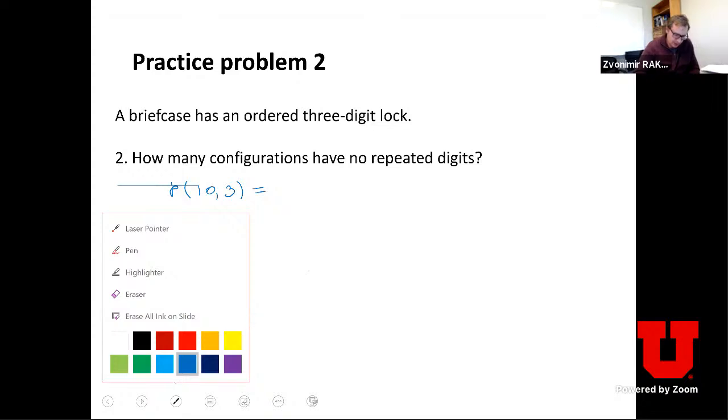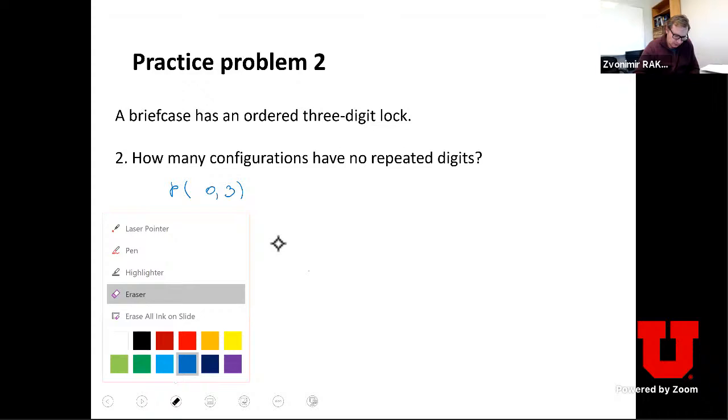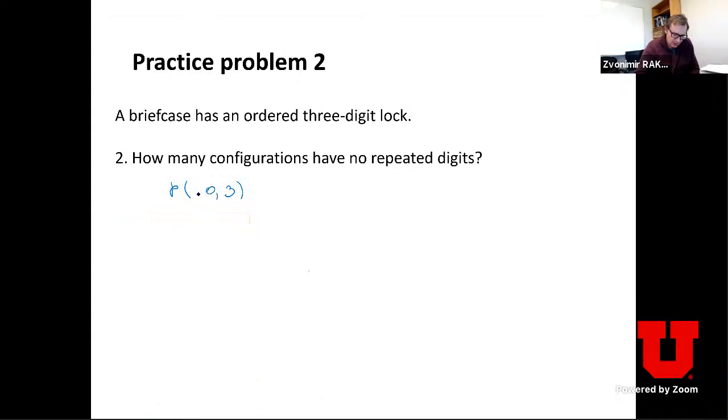It's okay. So P(10,3) because we are not allowing digits to be repeated, but the order matters.